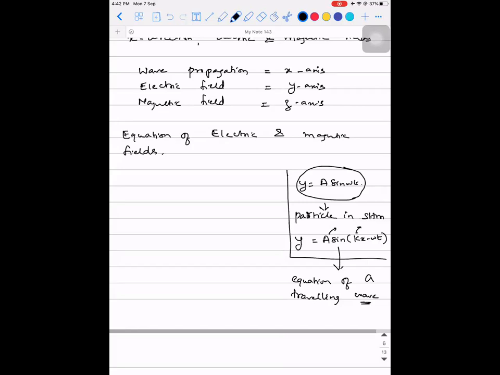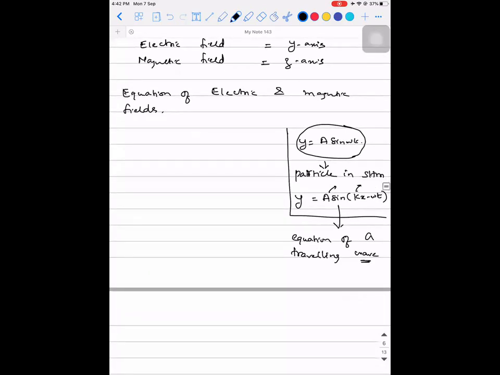Wave number. It is called angular wave number. Wave number means the reciprocal of wavelength. Angular wave number means wave number multiplied with 2 pi. So k is equal to 2 pi by lambda, which is also called angular wave number. It's also a propagation constant.